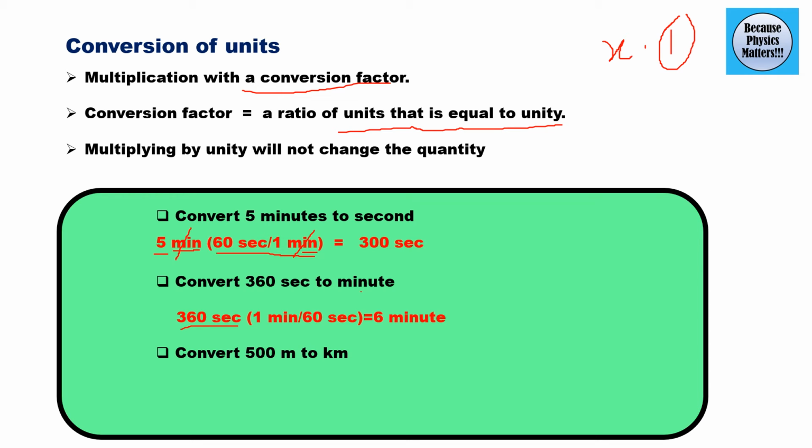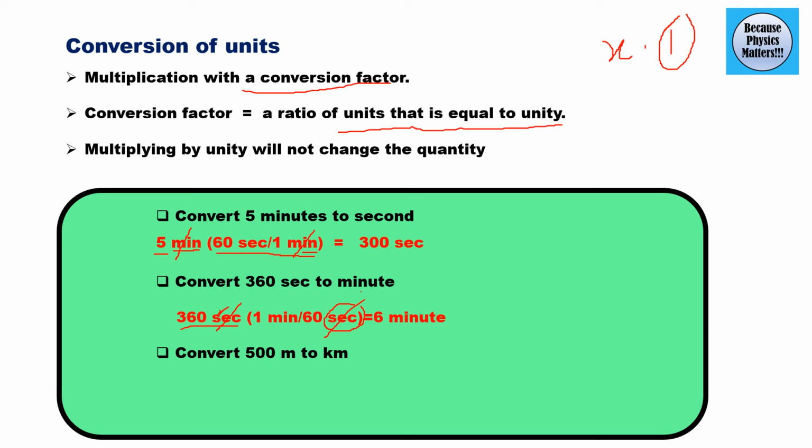But in the denominator you must take a unit which is the same as your original unit which you want to convert. So when you do that, this second will be cancelled out with this second, and then your answer will be 360 divided by 60, so this will be 6 minutes. So in this way, this is very easy.